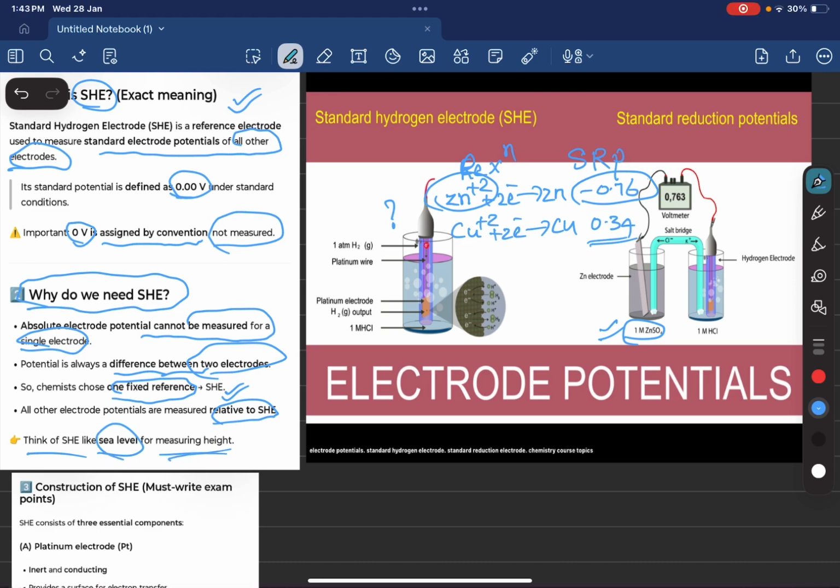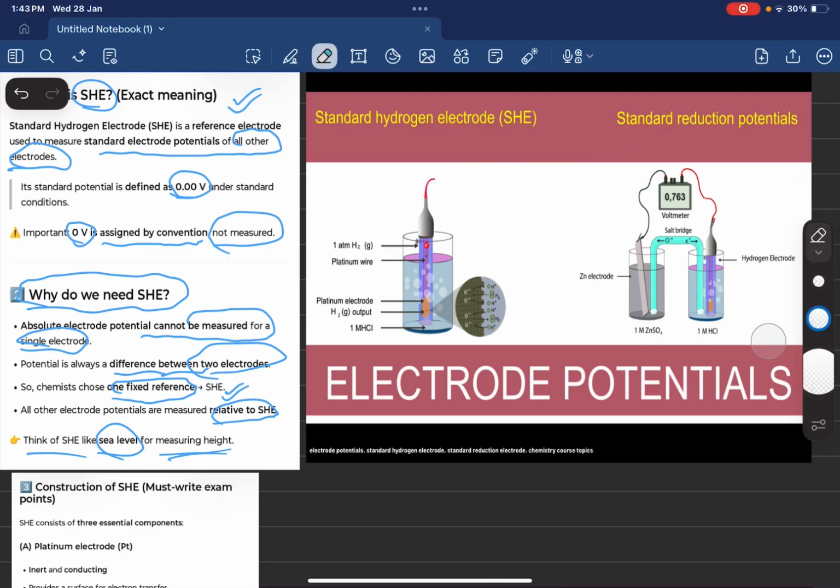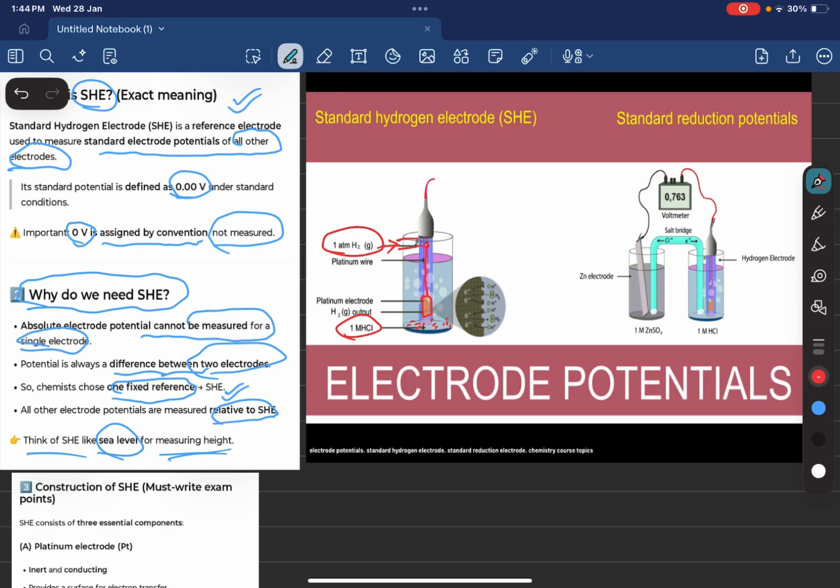Now let's see how the SHE apparatus looks in this diagram. This is the cell. In it we take 1 M HCl or H2SO4, and in the middle we keep a platinum electrode with a platinum wire. There is an inlet here for passing hydrogen gas at 1 atm pressure, and the platinum electrode is used along with the 1 M HCl.